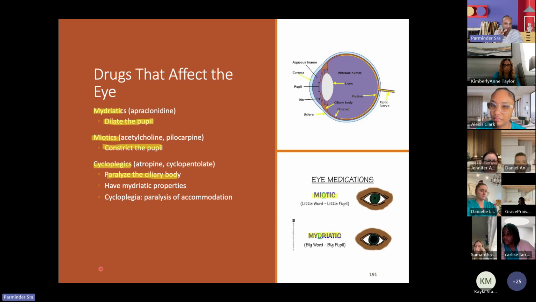Mydriatics are used for your dilated eye exam as well. They relax the muscles in the iris. Examples of mydriatics: phenylephrine. On the other hand, miotics are like pilocarpine and carbachol. Then cycloplegics, such as atropine and cyclopentolate.